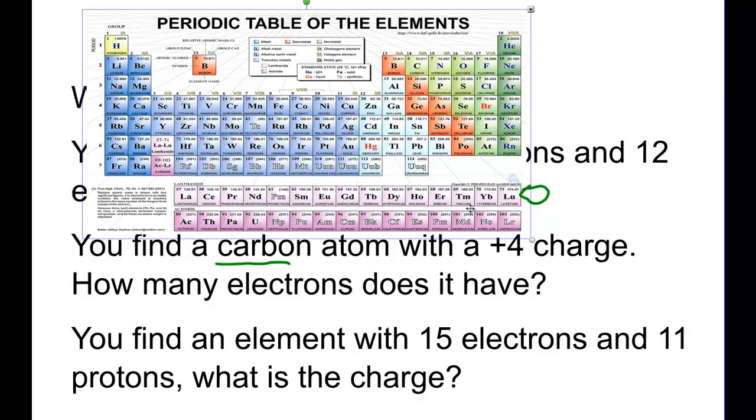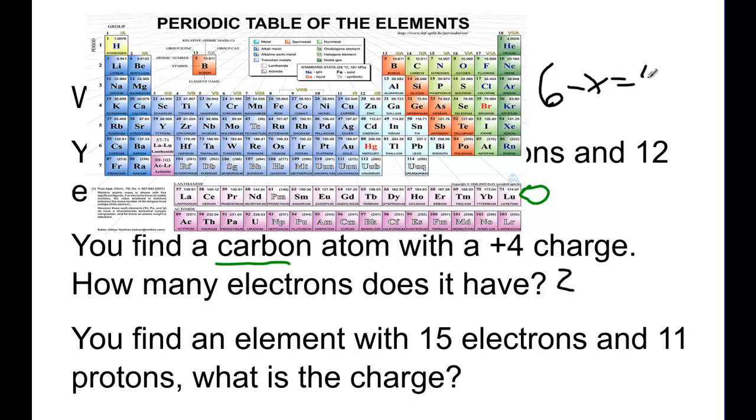So if I have 6 protons, I have a +4 charge. How many electrons does it have? Hopefully, you're saying it only has 2 electrons, or 2 negatives. To solve that, 6 minus x equals 4. 6 minus 2 is 4. 2 is our answer.